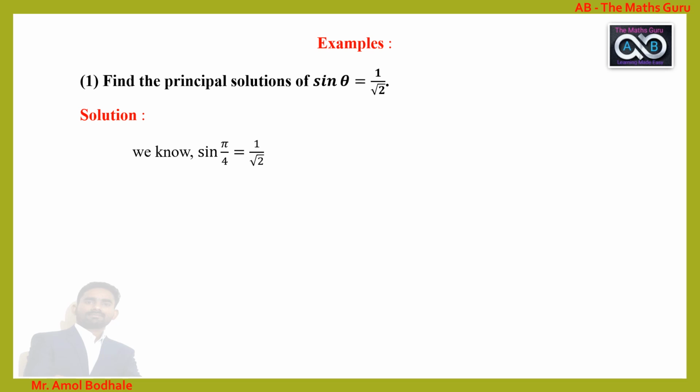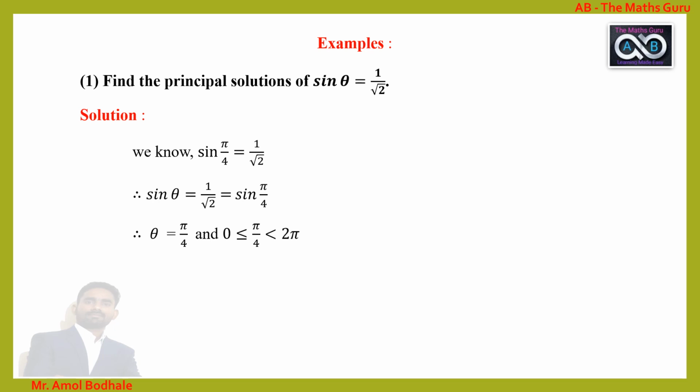Obviously we know that sine of pi by 4 is equal to 1 by root 2. So therefore we can say sine theta equal to 1 by root 2, which is equal to sine of pi by 4. So by comparing these two, we can say theta equal to pi by 4. So we get one solution. So therefore theta equal to pi by 4, and here pi by 4 lies between 0 and 2 pi.